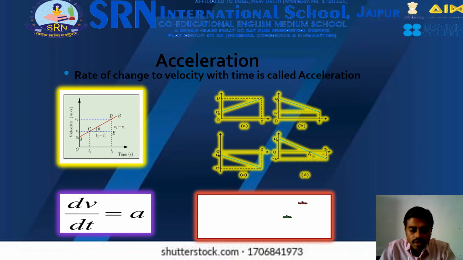The similar retardation we can have in two different coordinate positions, which is given in figures C and D. Here we can find that the body is moving in the negative y-axis and decelerates or is retarded in the given time interval. And in figure D, the body is retarded from the positive y-axis to the negative y-axis.